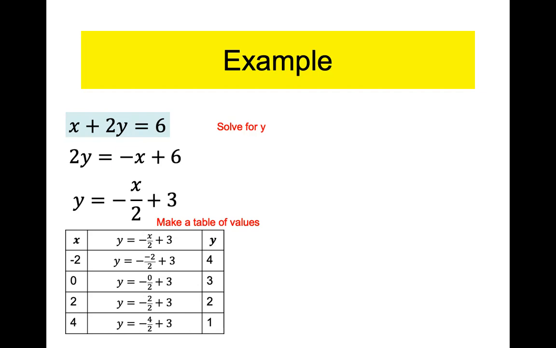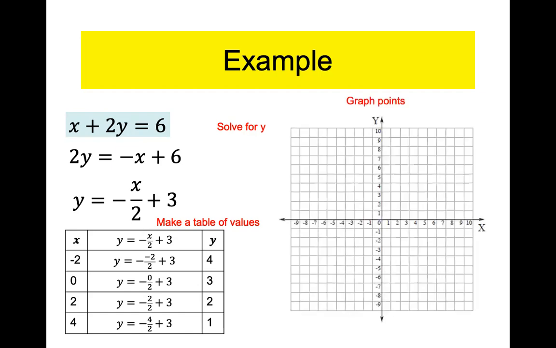So -2, 4, 0, 3. I'm just going to say 8th graders can look at 2 columns. I don't care if you make a 3rd or a 4th column or not. What's my first point? -2, 4 is right there. What's my second point? 0, 3 is right there.